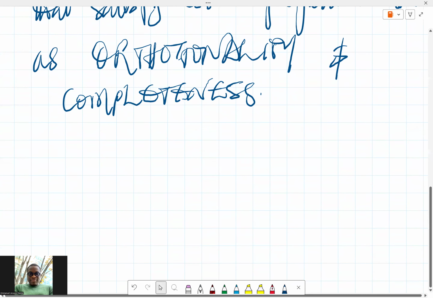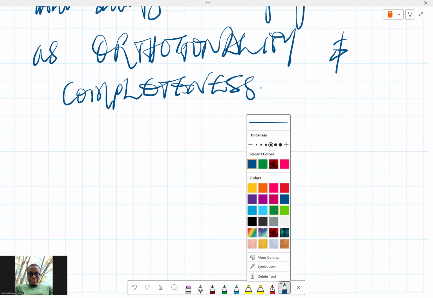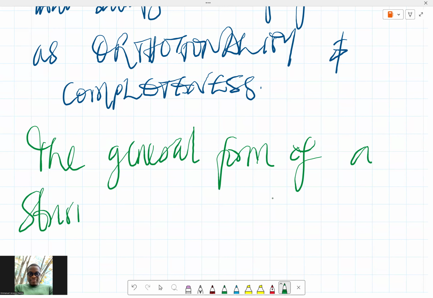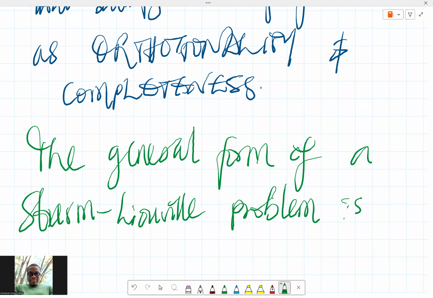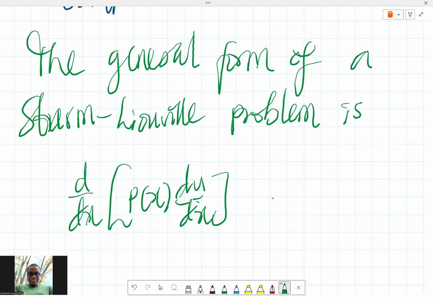Okay, so the general form of a Sturm-Liouville problem is d/dx of p(x) dy/dx plus q(x) y equals lambda r(x) y.